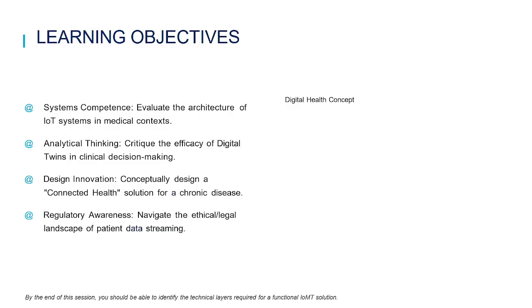So, the learning objectives of this lecture define the key knowledge to gain by the end of the session. First, you should understand the technical architecture of Internet of Things systems used in the healthcare environment. This includes the sensors, communication network, cloud platform, and applications. Second, you should be able to critically evaluate the effectiveness of digital twins in supporting clinical decision making and predictive healthcare.